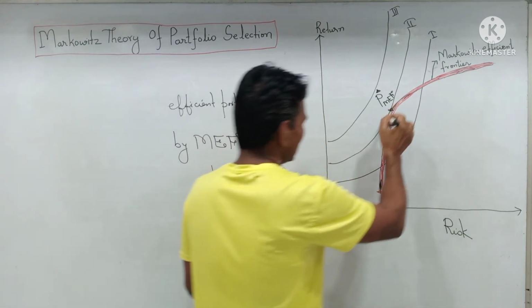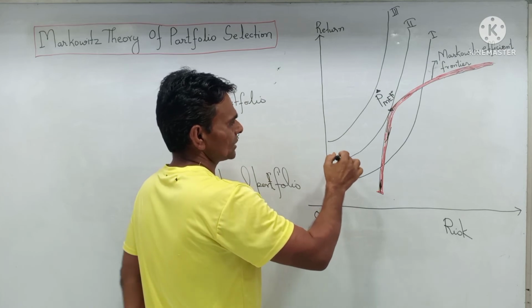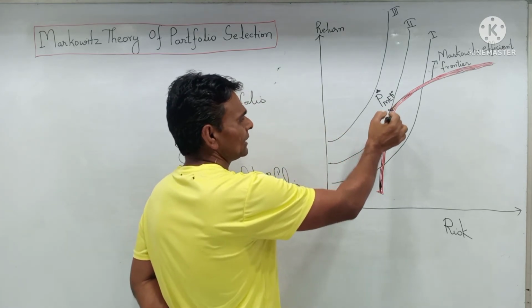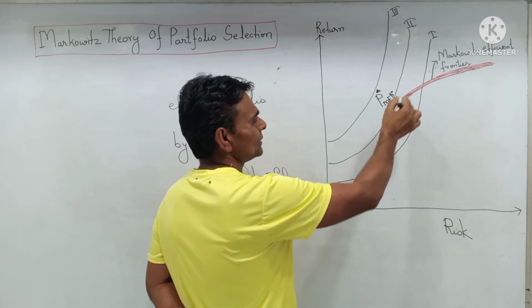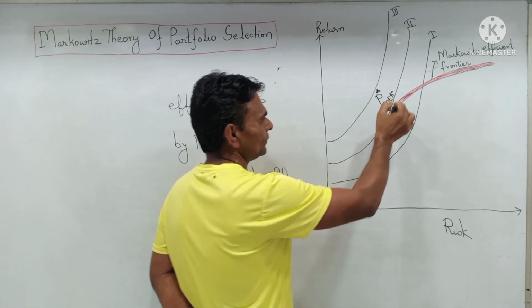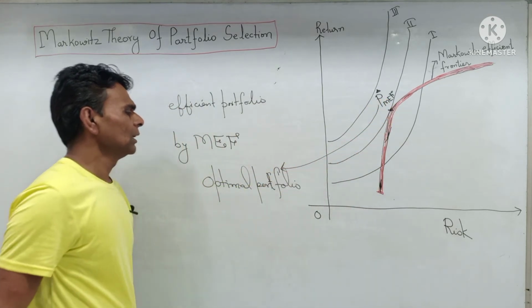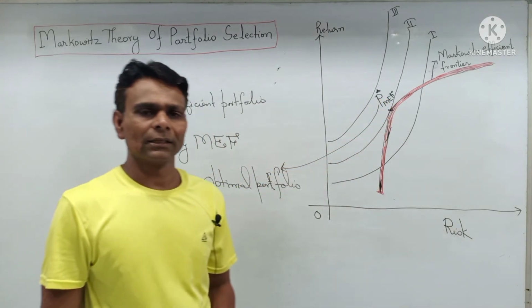You can see here the highest indifference curve achievable intersects the Markowitz efficient frontier at point P, and point P denotes the optimal portfolio selection.